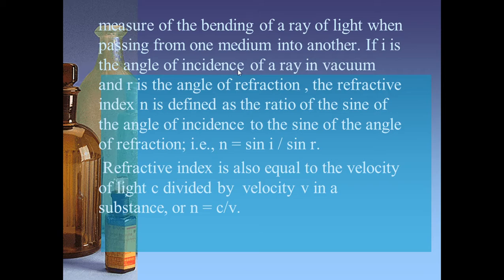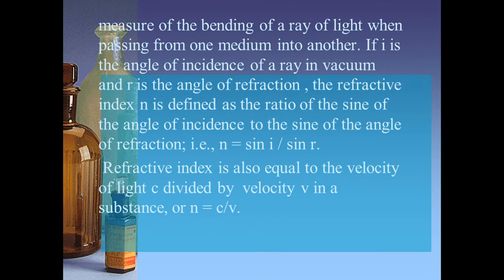If I is the angle of incidence and R is the angle of refraction, the refractive index is defined as the ratio of the sine of the angle of incidence to the sine of the angle of refraction, and is equal to sine I by sine R. Refractive index is also equal to the velocity of light, which is c, divided by the velocity v in a substance, or n is equal to c by v.